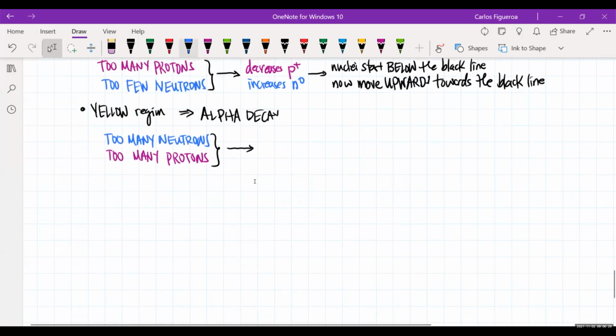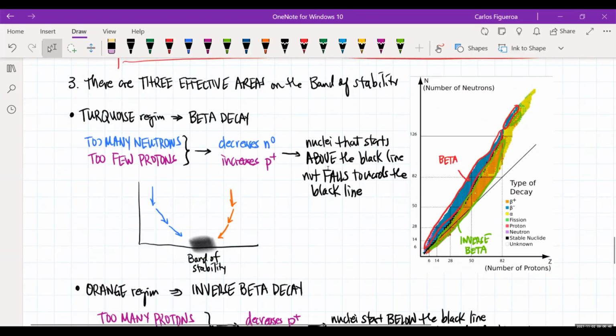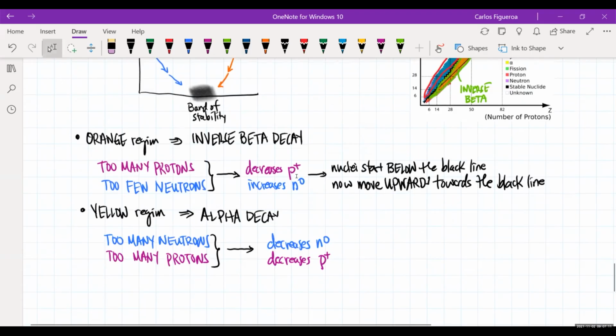Not true. It decreases both neutrons and protons simultaneously.